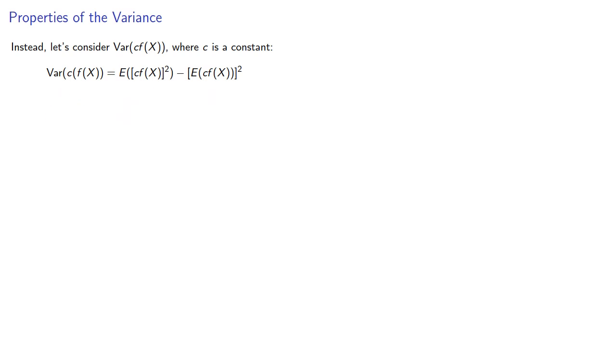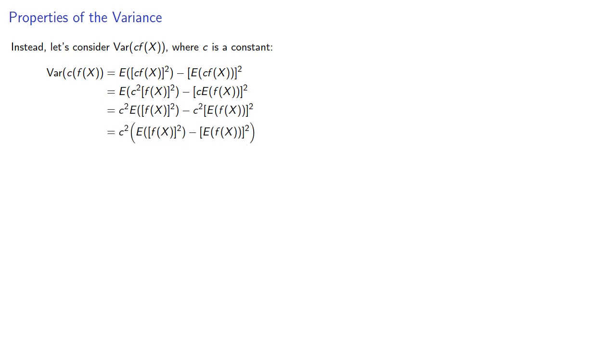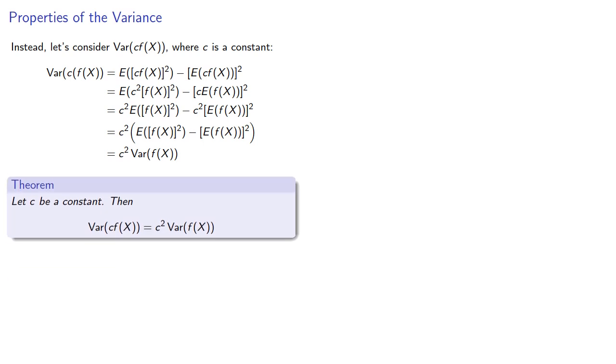We can do a little algebra, and because this is expected value, those constant multipliers can be removed to the front. And here we have the expected value of a square minus the square of the expected value. That's just our variance again. And so if c is a constant, the variance of a constant times a function is the square of the constant times the variance.